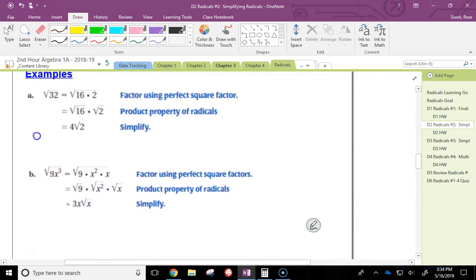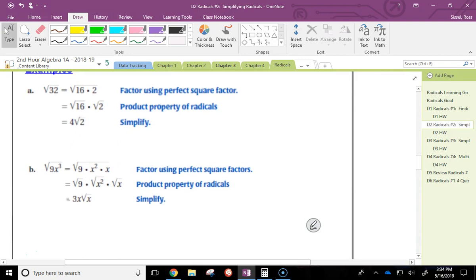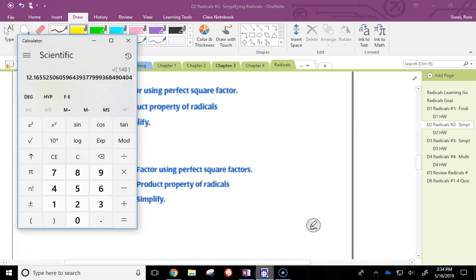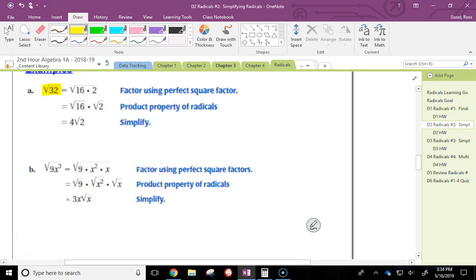Let's try this. In our example, we have the square root of 32. And I'm just going to go ahead and show you, if I was to put in square root of 32, it does not come out. So what we are going to do is factor using perfect square factors.